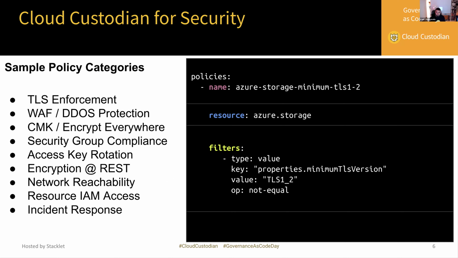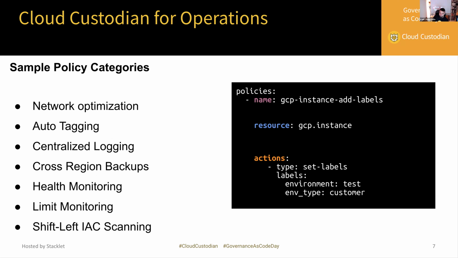Finally, we also get used a lot for operations, doing things like centralized backups, centralized logging, and making sure that your limits are in place so that you don't hit them at runtime with your application. This covers the broad set of use cases.